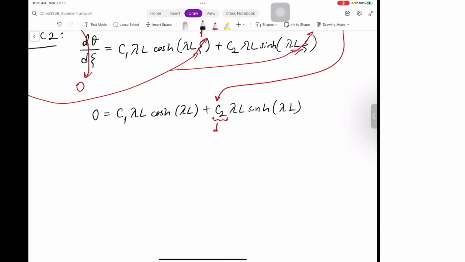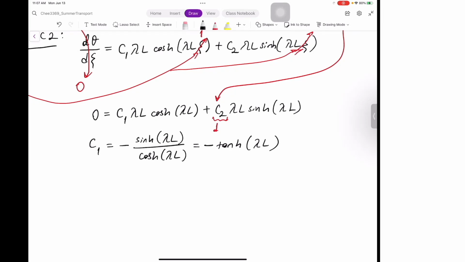Okay. And we can solve for the C1, and C1 comes out to be equal to, after lambda and L's canceling, minus sine hyperbolic lambda L divided by cosine hyperbolic lambda L. And it's nothing but minus tangent hyperbolic lambda L. Okay. It's your C1.